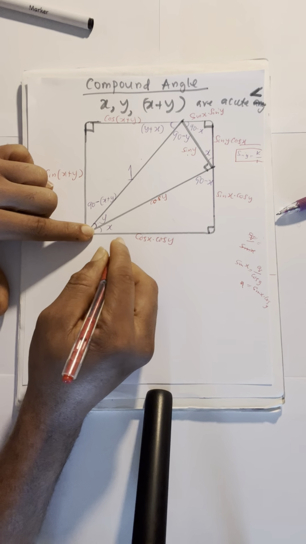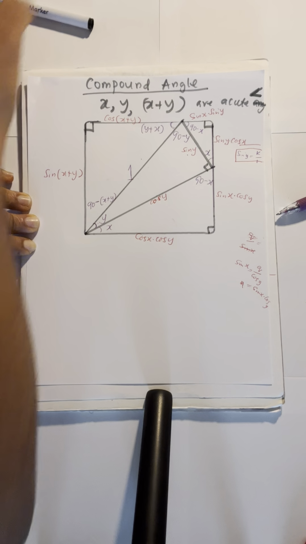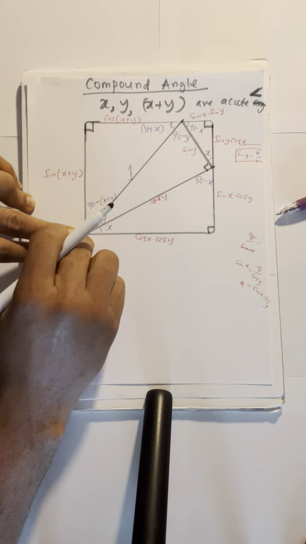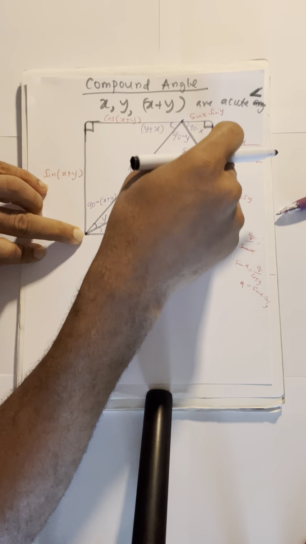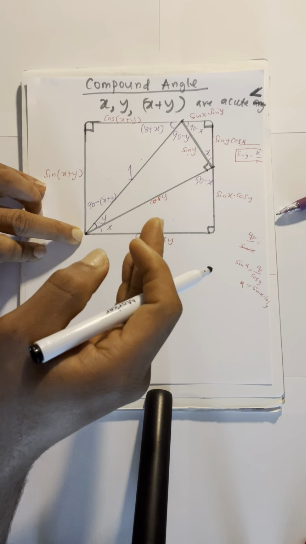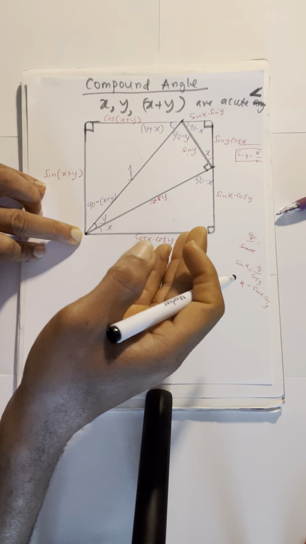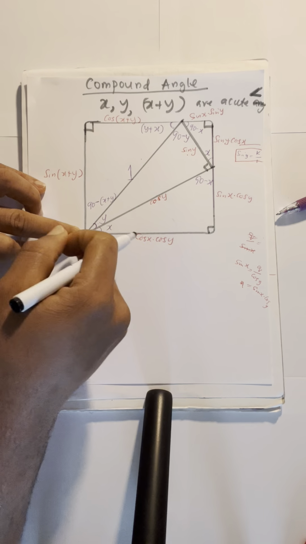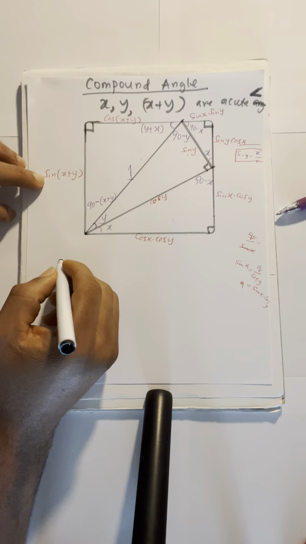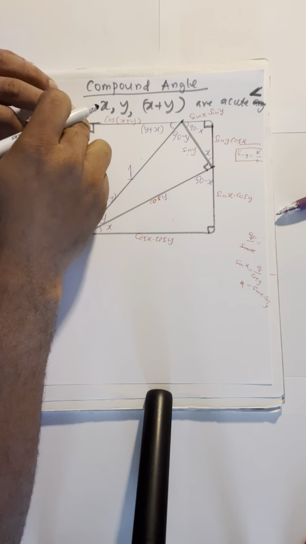So with that, we've been able to get the values of the lengths of the sides of the triangles and of the square itself. Now take a look from here to here.